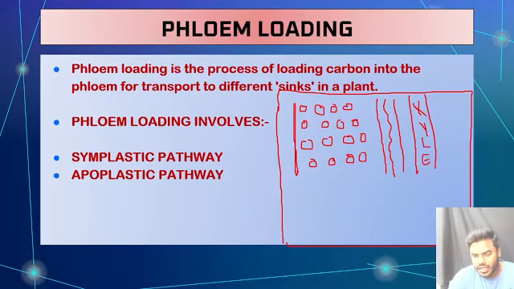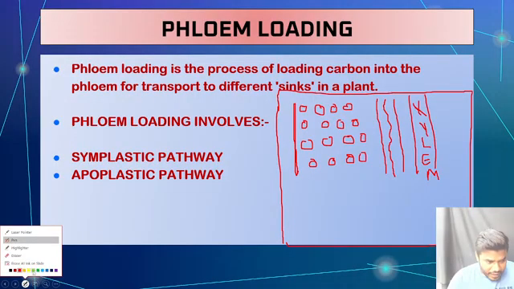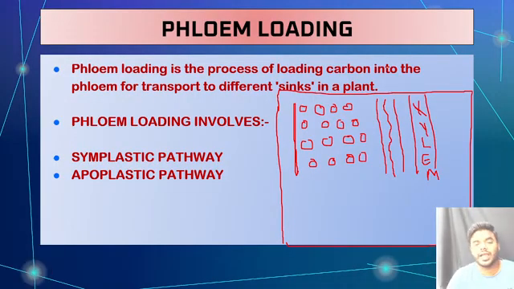Now friends, every student try to understand the symplastic pathway. I have told all of you, it is through the plasmodesmata. Listen to this very carefully. Friends, you know plasmodesmata is the cytoplasmic bridge, connecting the cytoplasm of one cell to the cytoplasm of another cell.